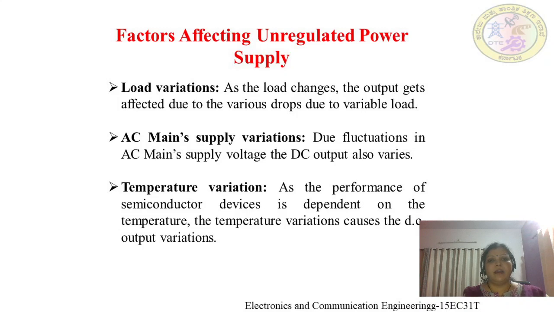Now coming to temperature variations. Actually, I think we have not yet completed the AC main supply variations. These surges or spurious currents in turn affect the DC output power. Any increase in the AC input increases the DC output, which may damage the functioning of the load or device, because it has to be supplied with a constant voltage.